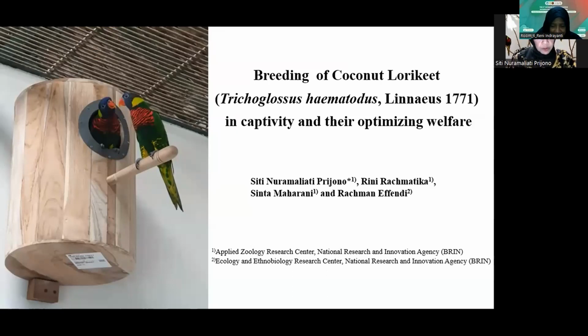I would like to start my presentation with the title Breeding of Coconut Lorikeet Trichoglossus haematodus Linnaeus 1771 in captivity and optimizing their welfare.